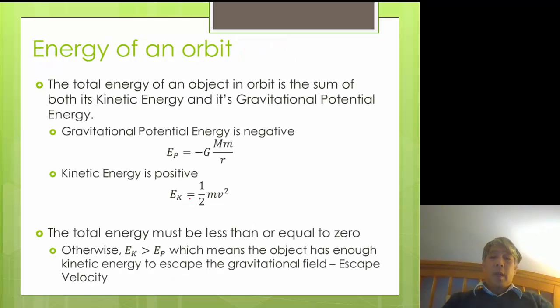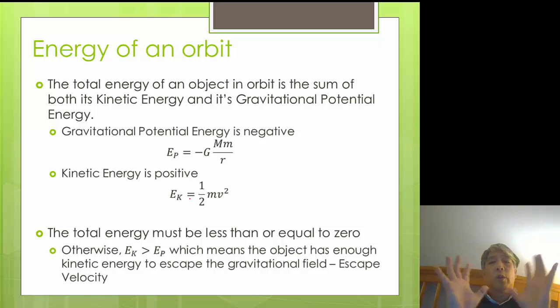Okay, so in that case, let's look at what happens when I have an object in orbit. An object in orbit has both kinetic energy and gravitational potential energy, and so I need to always be looking at the total energy of the object, because that's what's going to be conserved.